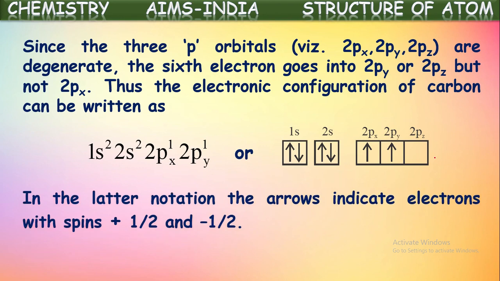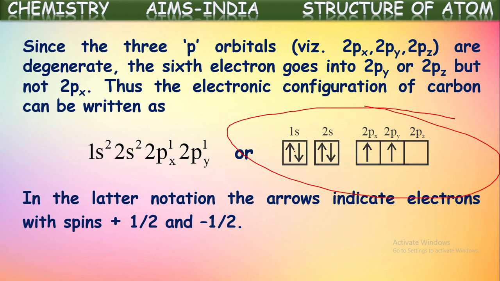In the later notation, that means in the second diagrammatic representation, the arrows indicate electrons. Each arrow represents one electron. In total how many arrows are there? 6 arrows. That means 6 electrons are represented in this way. The arrow shown in the upward direction represents an electron with the clockwise spin. And the arrow shown in the downward direction represents an electron with the anti-clockwise spin.